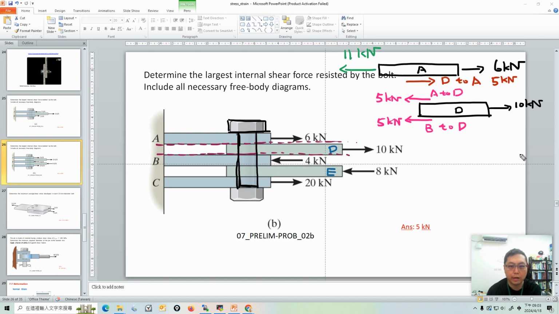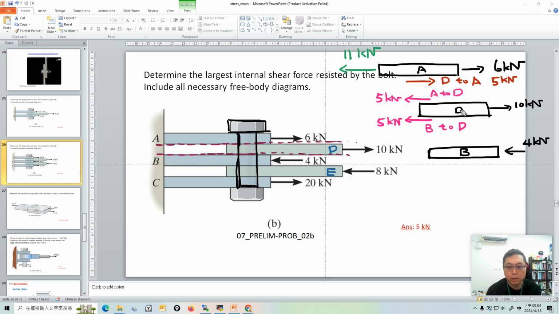The next thing is the free body diagram of B. Let's draw B, but since I don't have any space here, I'll just draw it here. Maybe it's not in the right position, but this is B. There is an external force on B pointing to the left.